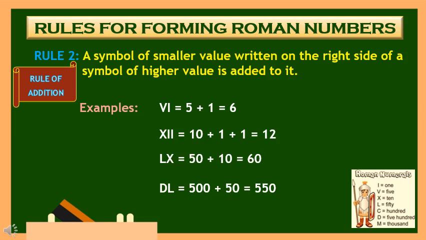So we add these, we get 550. So rule number 2 states that if a numeral of smaller value is written on the right side of a numeral of higher value, we add these two to get our Hindu-Arabic number.